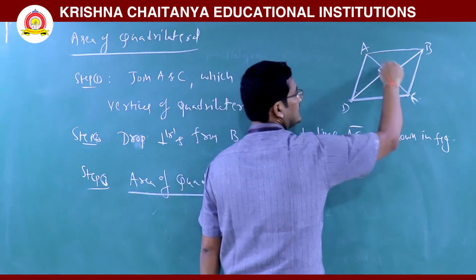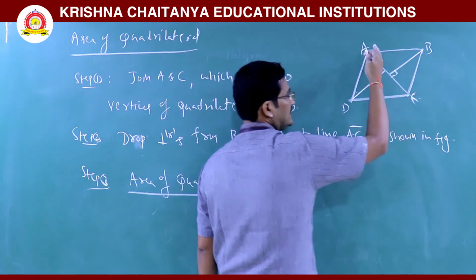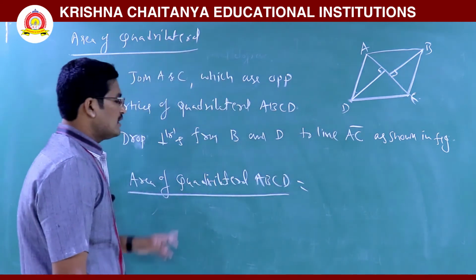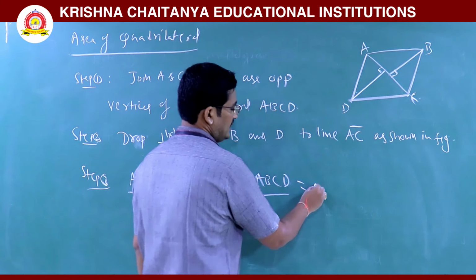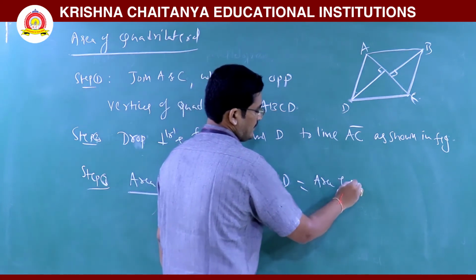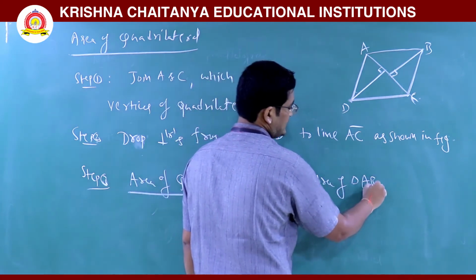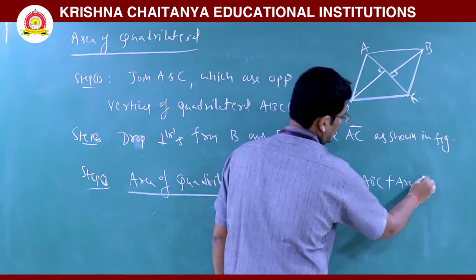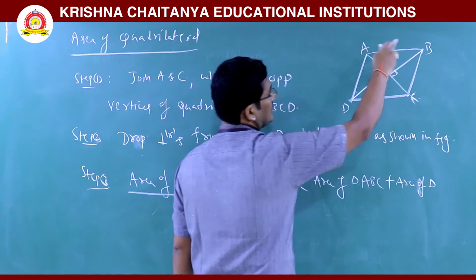By adding this triangle area and this triangle area, you will get the complete quadrilateral area. So area of quadrilateral ABCD is equal to area of triangle ABC plus area of triangle ADC.